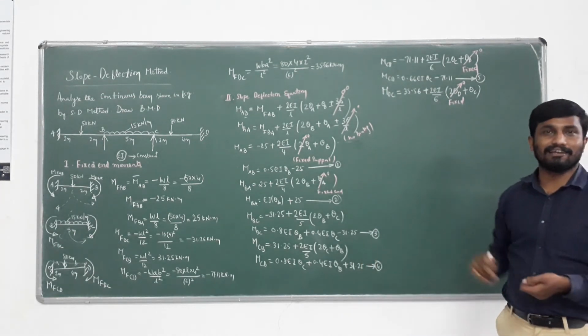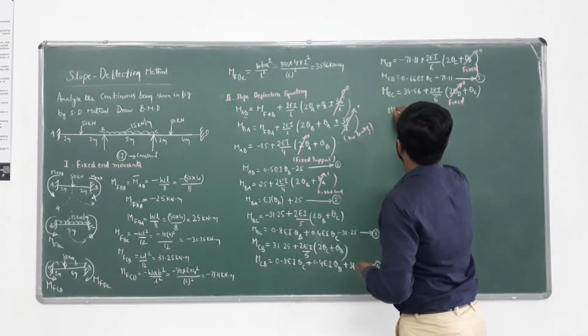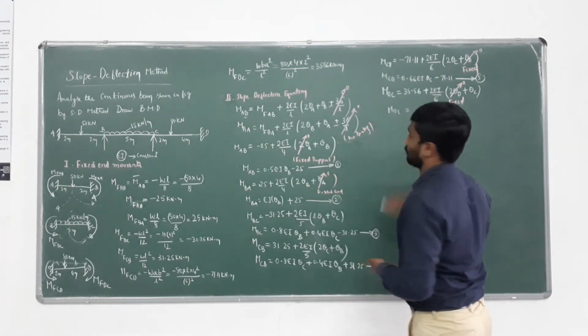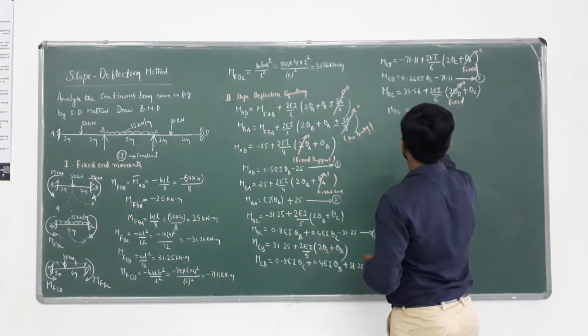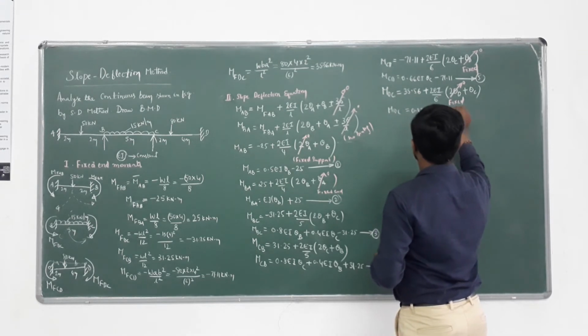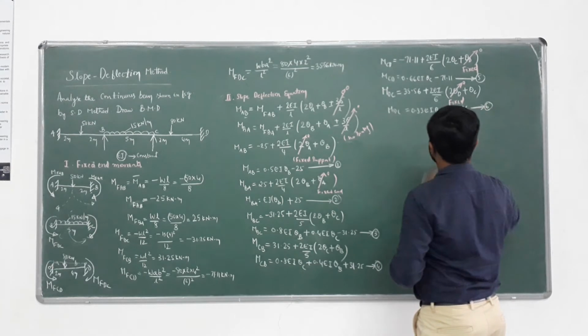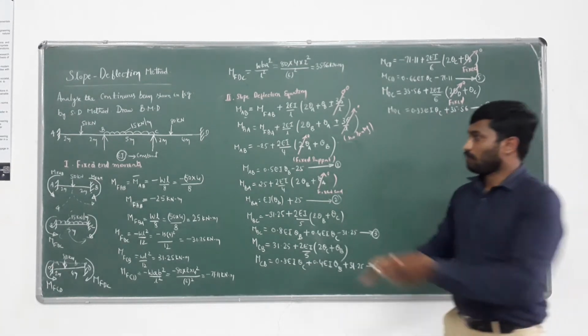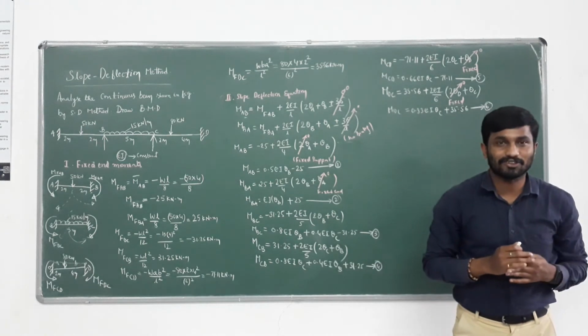There is no sinking in the problem. Now MDC equals 2 by 6. What is the value of 2 by 6? 0.33. So 0.33 EI theta C plus 35.56. Say equation number 6. For 3 spans, we got 6 equations.